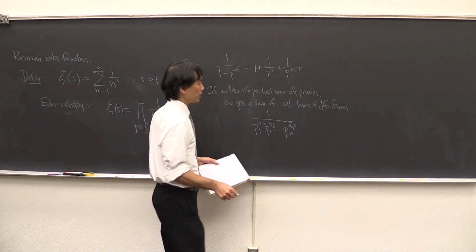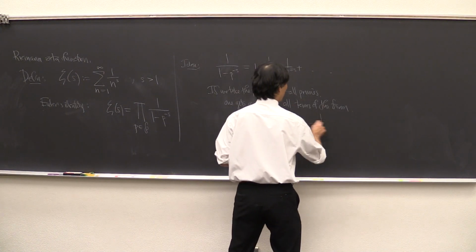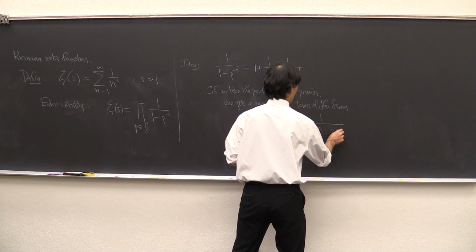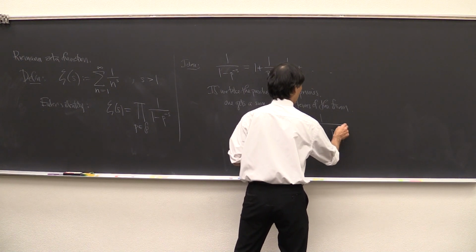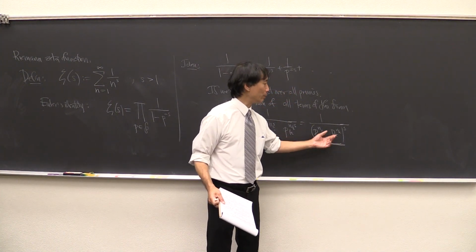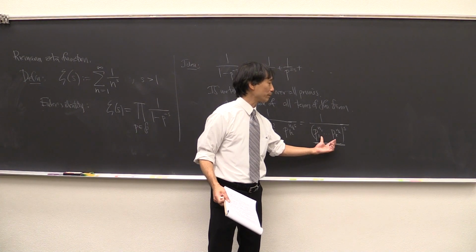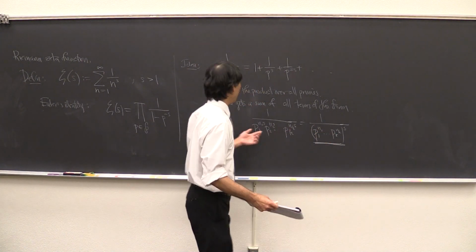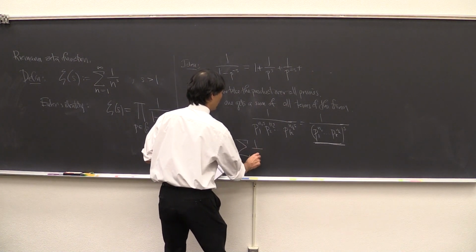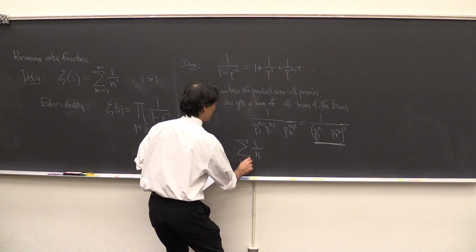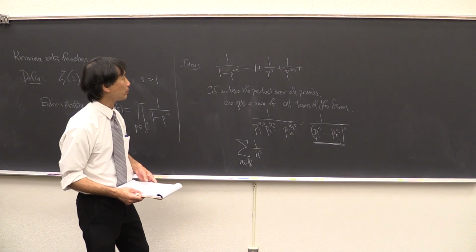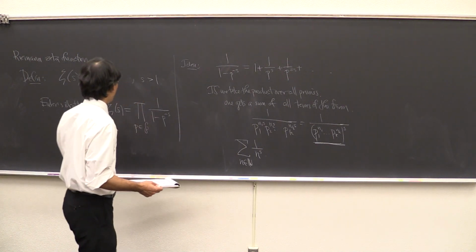Right, and so what do you get? You see that every natural number has a prime decomposition, right? And so what you get is a sum of all natural numbers to the s power, namely the zeta function, right?